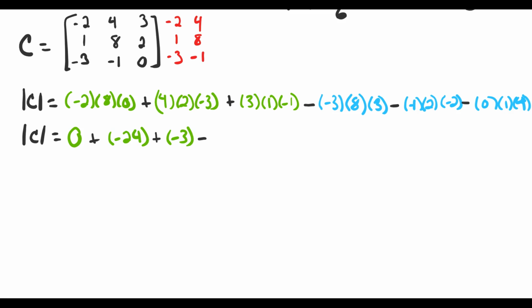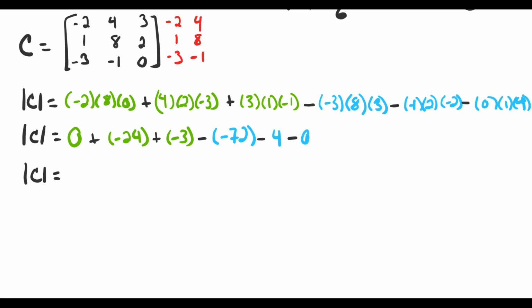Minus negative 3 times 8 is negative 24. Negative 24 times 3 is going to be a negative 72. Minus negative 1 times 2 is negative 2 times a negative 2 gives me a positive 4. Minus 0 times 1 is 0 times a 4 is still 0.